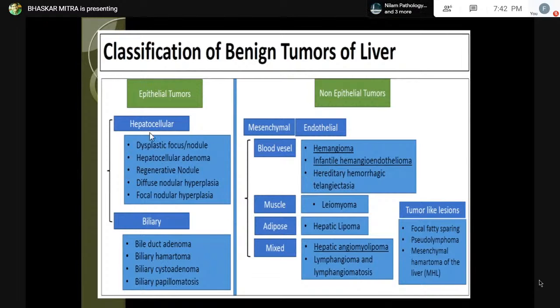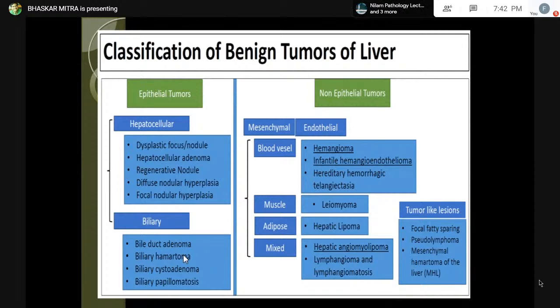Now in the bile duct group, the bile duct lesions can be divided into biliary hamartomas, biliary cystadenomas, then biliary duct adenomas. So these are the two groups in the epithelial part.